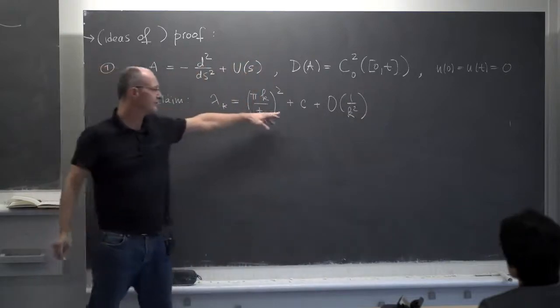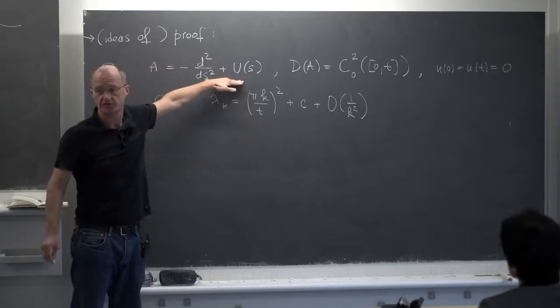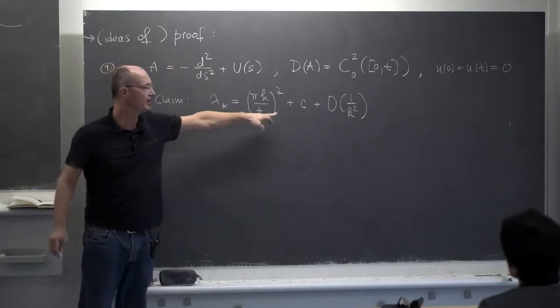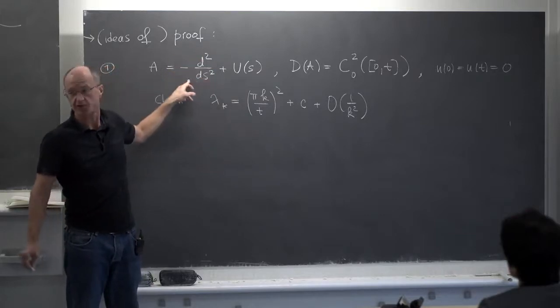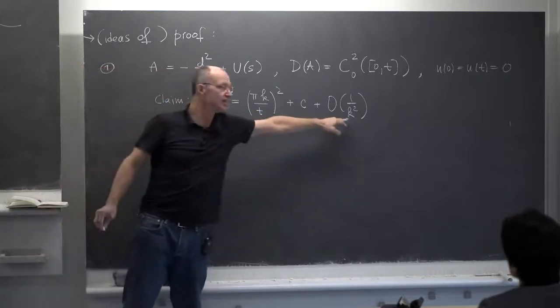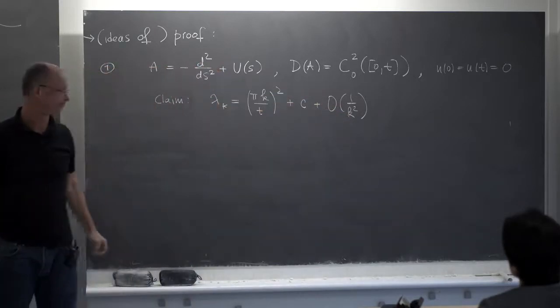There will be perhaps some constant shift coming from the average of the potential u, but otherwise they will look like the eigenvalues of this operator plus some asymptotically small corrections.